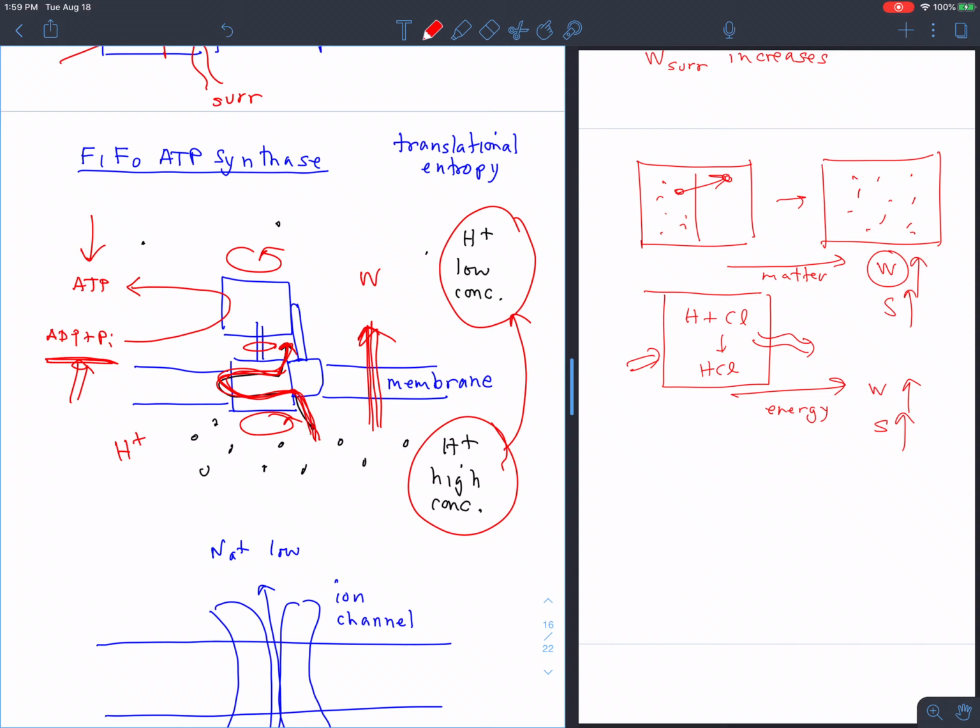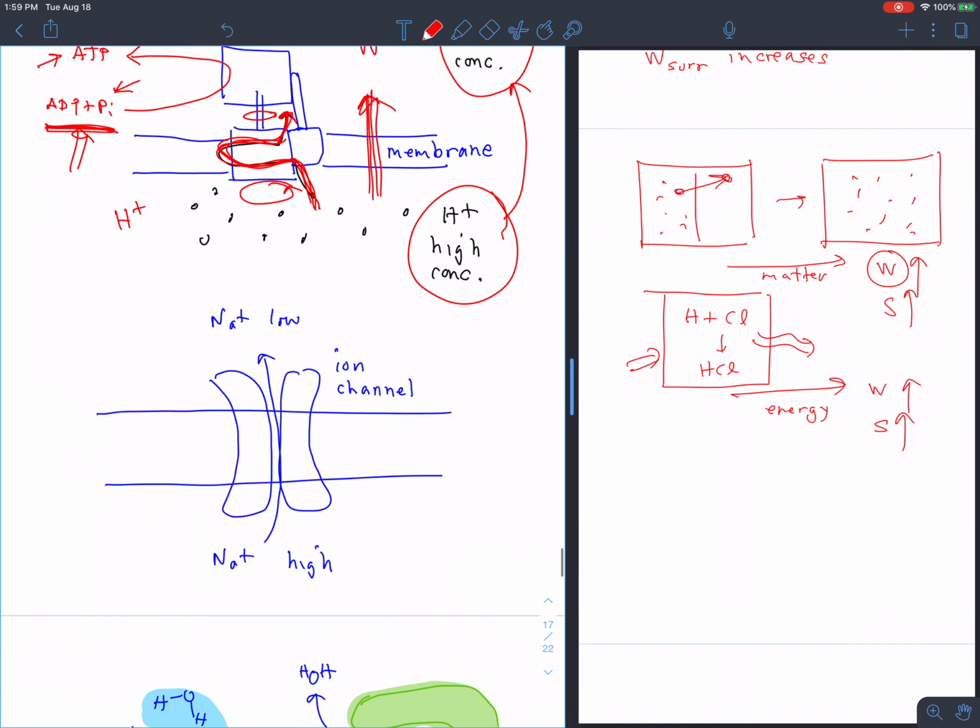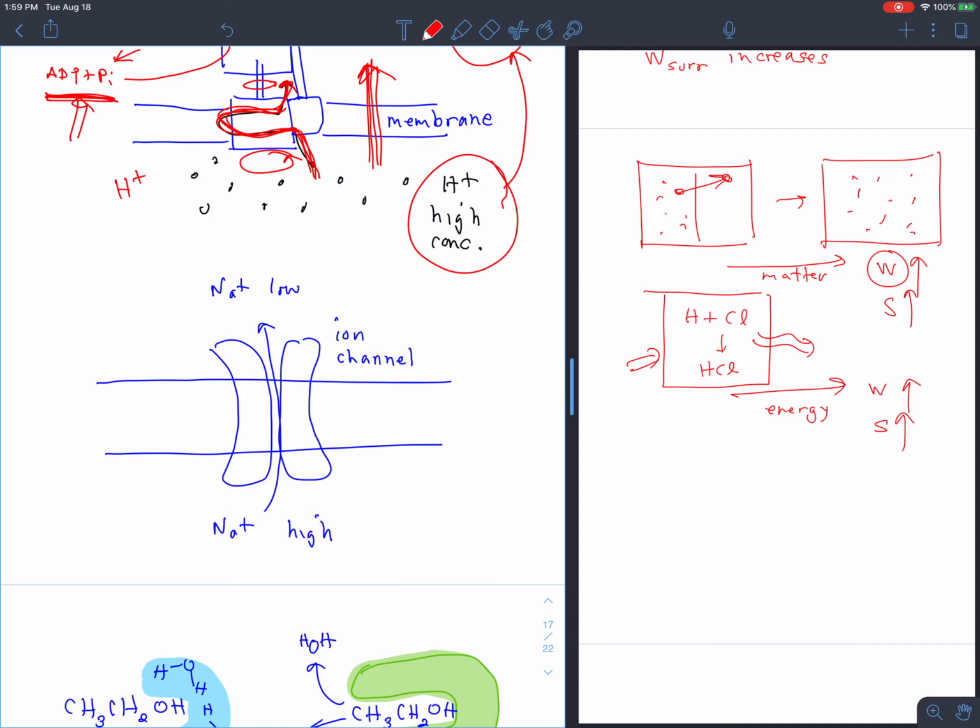It gets used basically to put together spent or burnt ADP molecules plus inorganic phosphate to form new, live ATP molecules. And the same thing happens, of course, in a more passive way for every ion channel in a cell membrane or a cell wall.